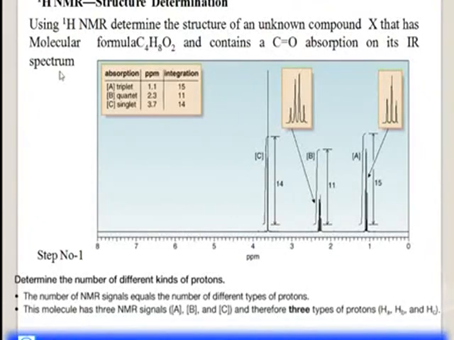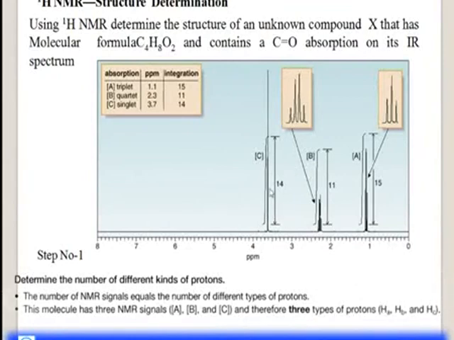Because you are aware that when we discussed IR spectroscopy, we can easily analyze the particular kind of functional group, whether it is an aldehyde, a ketone, a carboxylic acid or a carboxylic acid derivative. So this is the data which is given in the question.